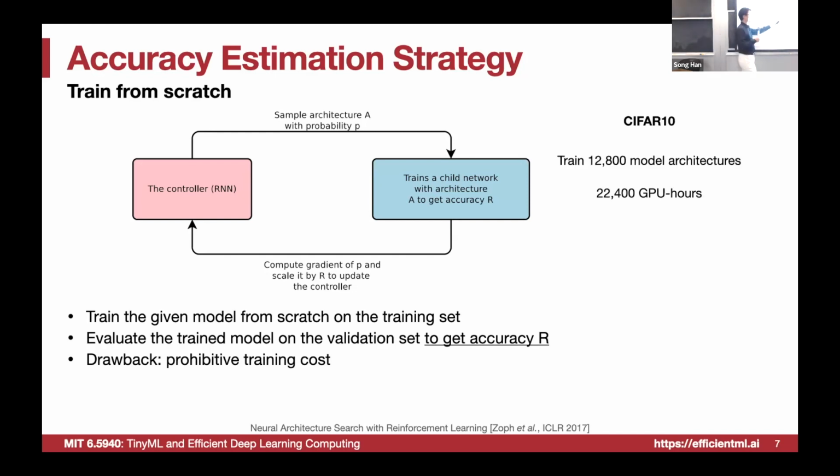For example, on CIFAR-10, people have to train 12,000 models in order to search for the best one. That takes 22,000 GPU hours. What if we want to scale it to larger-scale datasets, like ImageNet, or COCO for detection, etc.